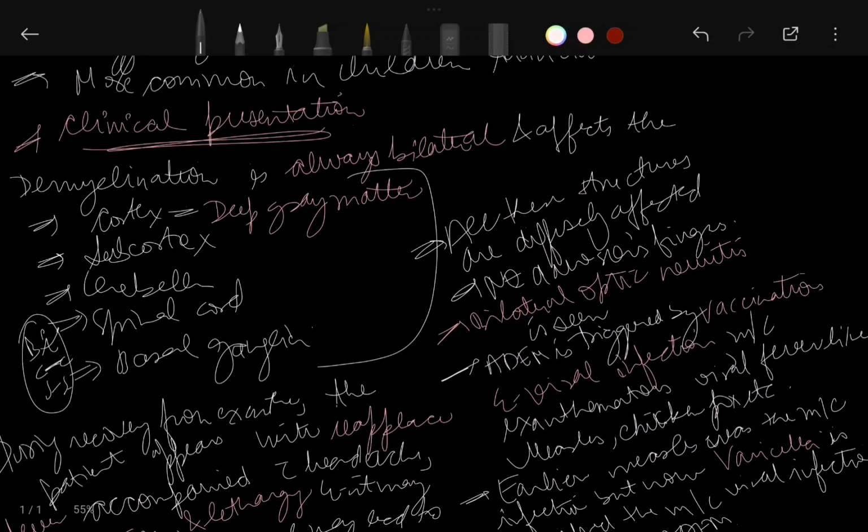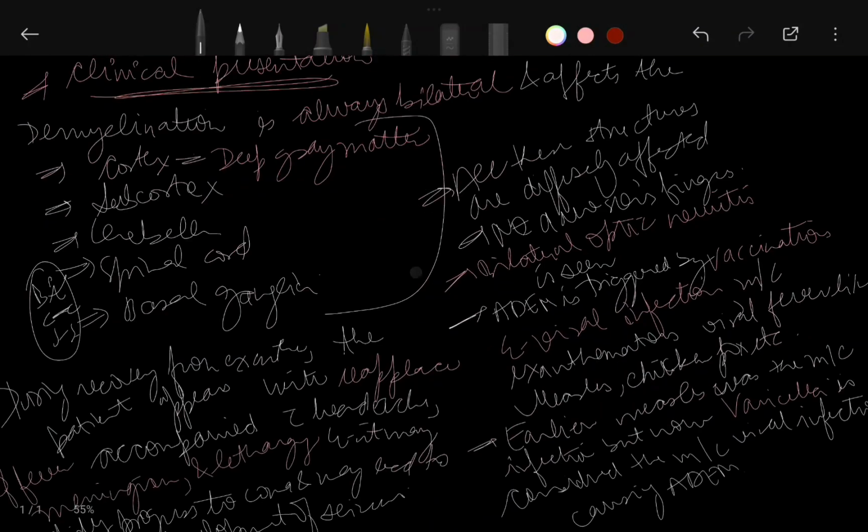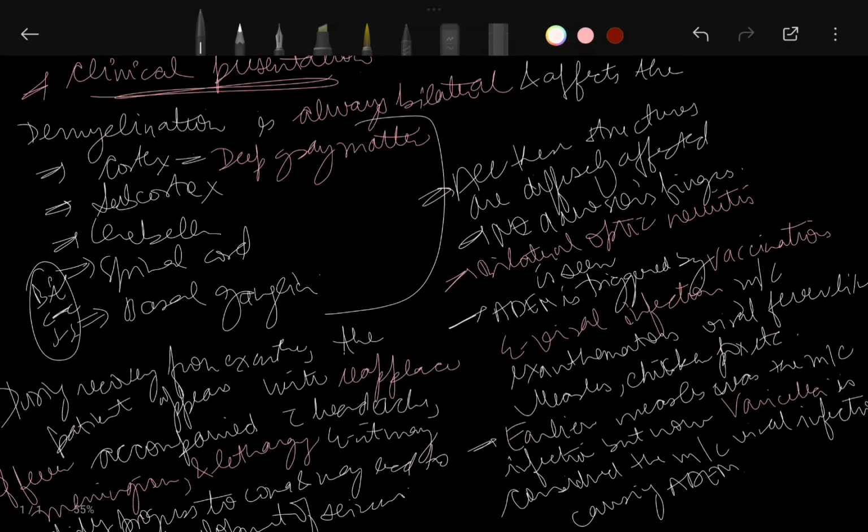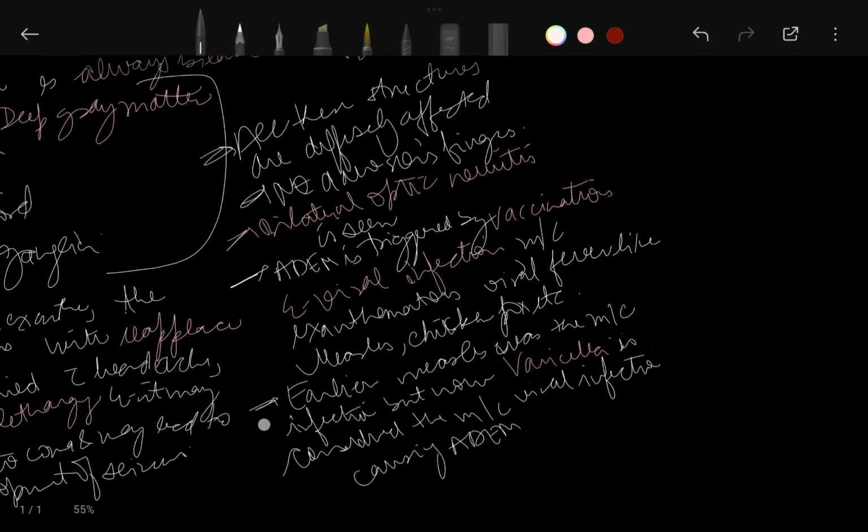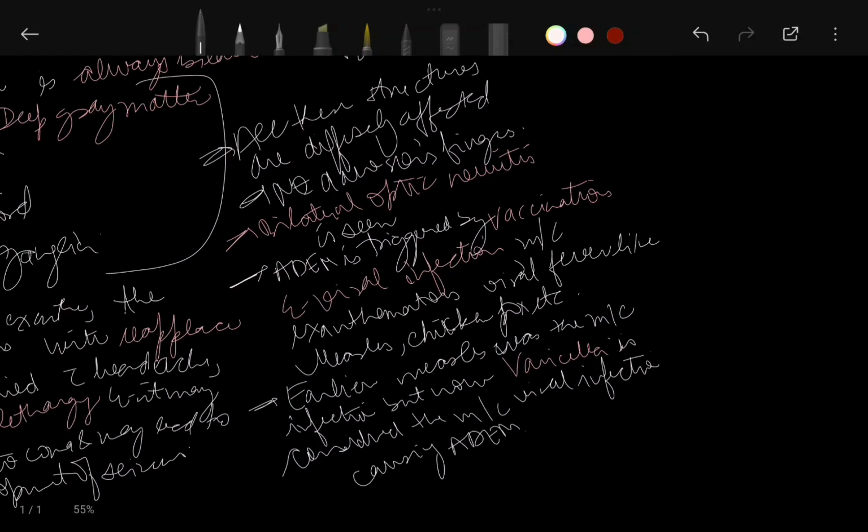Now, what do we write? In the clinical presentation of ADEM: cortex, subcortex, cerebellum, basal ganglia, spinal cord and deep grey matter are involved, and all these structures are diffusely affected. No dorsal fingers are seen, and bilateral optic neuritis is seen. ADEM is triggered by vaccination and viral infections like exanthematous fevers, measles, chickenpox. Earlier measles was the most common infection, but now varicella is.